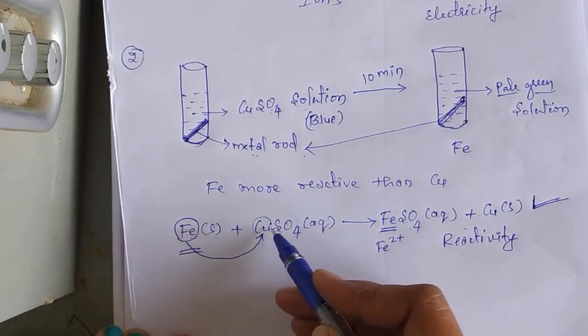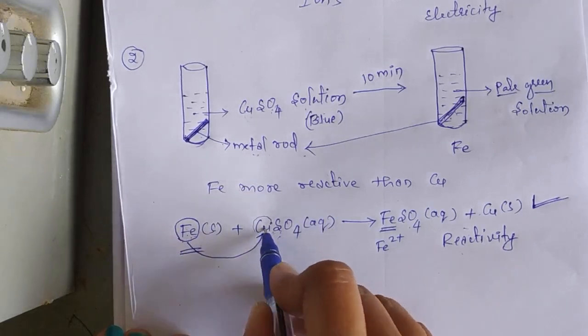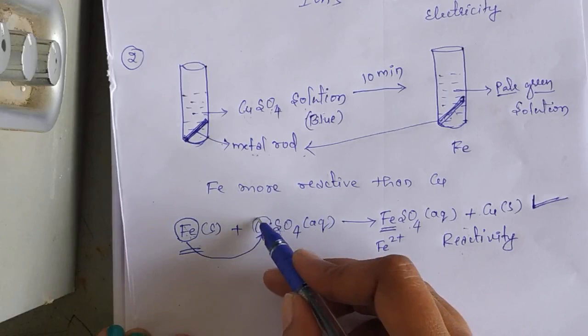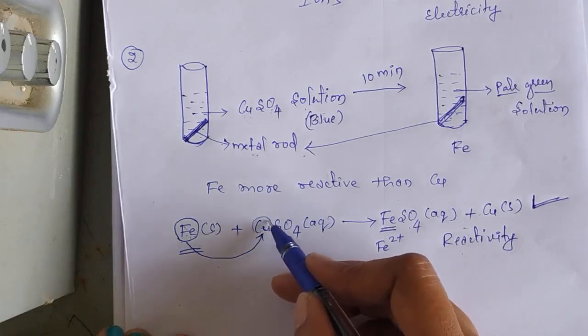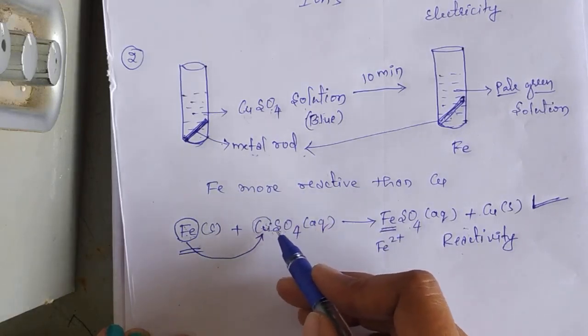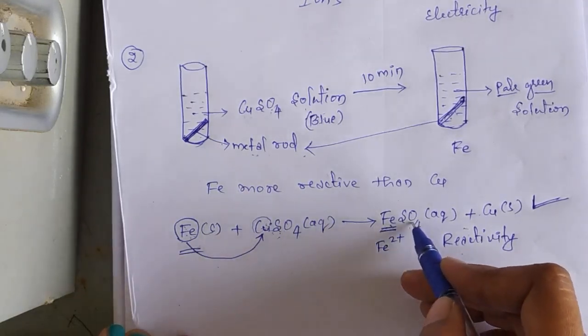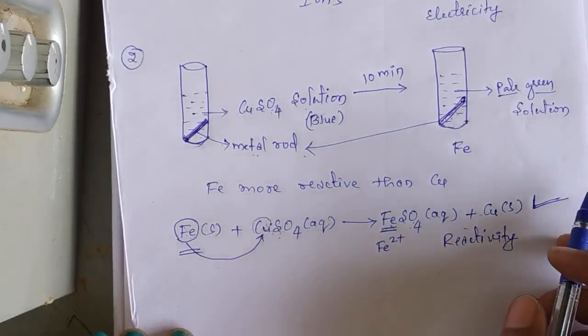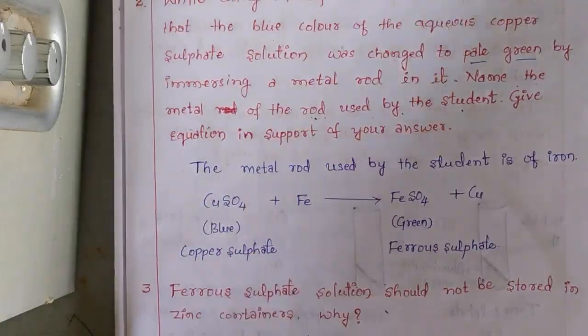So this iron will displace the copper from the copper sulfate, and the iron will occupy this place. So on the product side we'll get iron sulfate and copper metal. Okay, this is the second question. We'll see the next one.